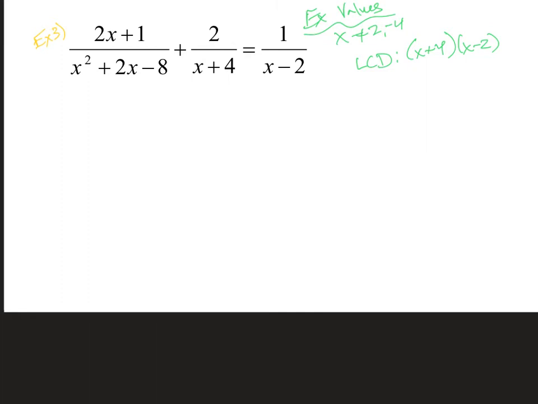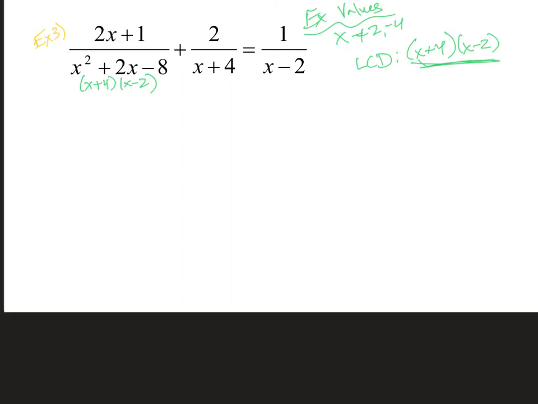Do you guys all agree with me there, right? Since this one is already factored as x plus 4, x minus 2, if I multiplied that middle term by x minus 2, it would have the same denominator, and this one, x plus 4, would have the same denominator, right? So my least common denominator is this, okay?